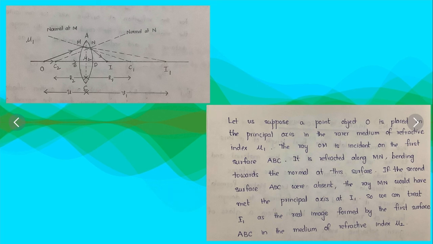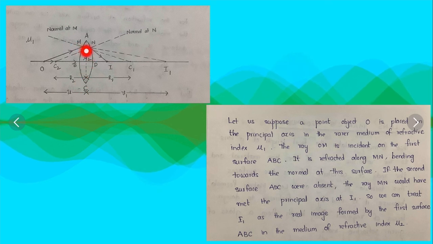Afterwards we will discuss how it is bent again because of ADC. But first let us consider only the surface ABC. If ADC is not present, the ray would have gone straight like that and formed an image I1 at this point.